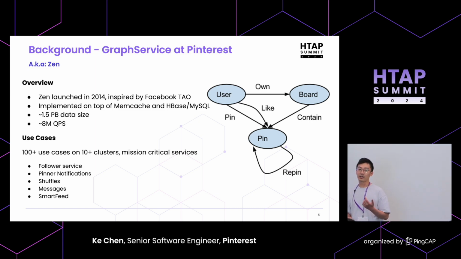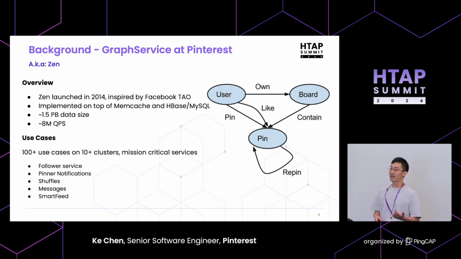Each node and edge can have properties inside them. Basically, every property is a key value pair. And currently, Zen is implemented on top of either HBase or a MySQL backend. And we have a built-in caching layer built on top of Memcached.